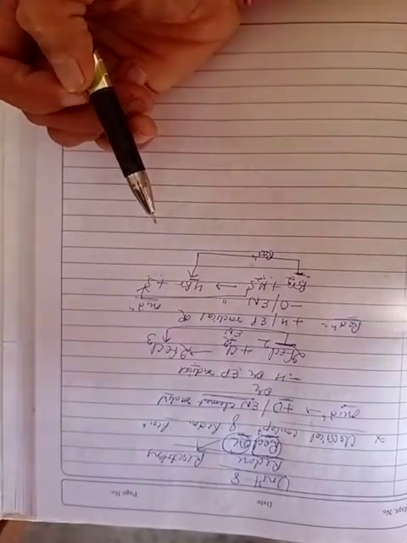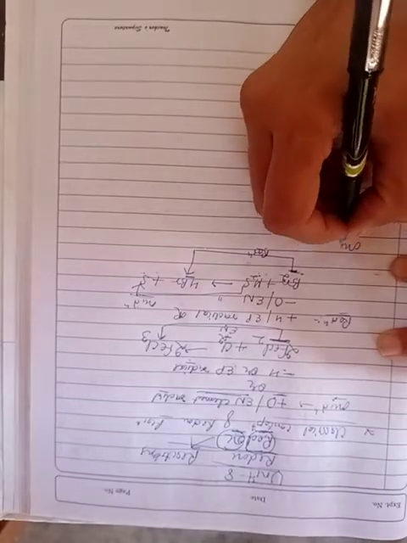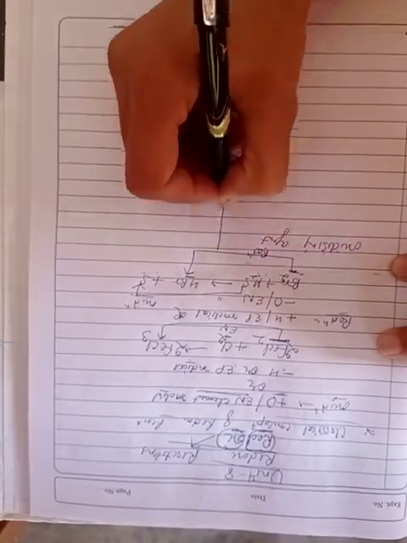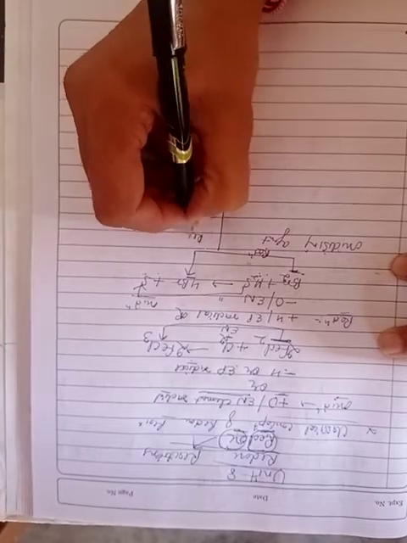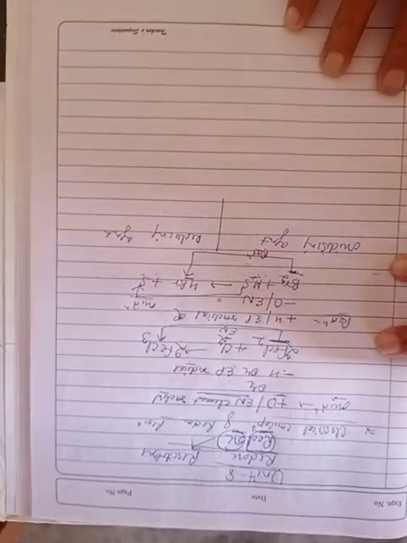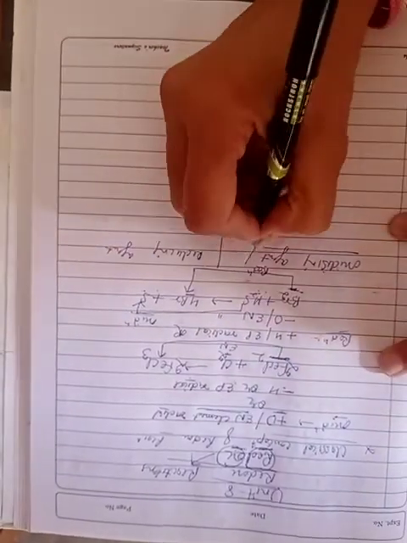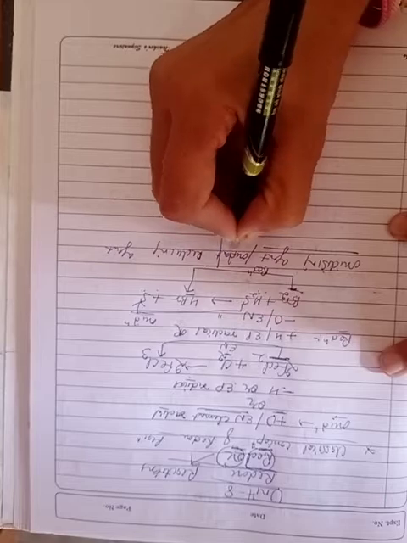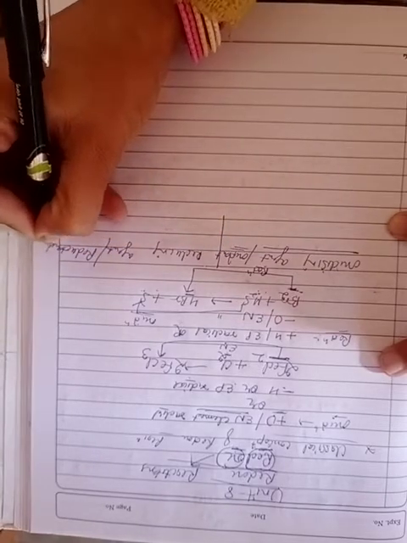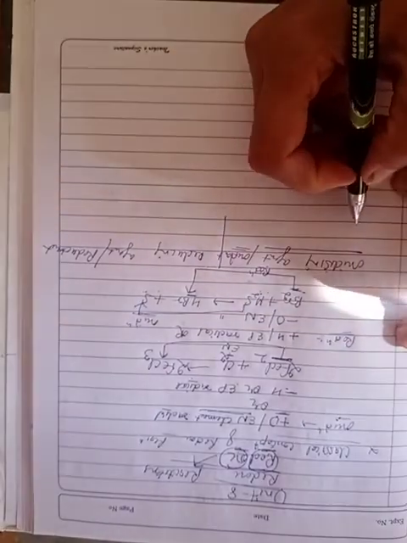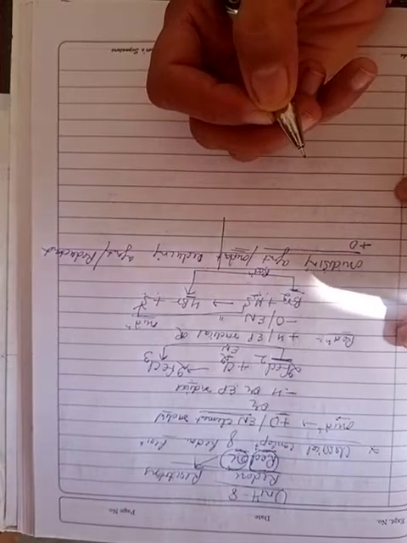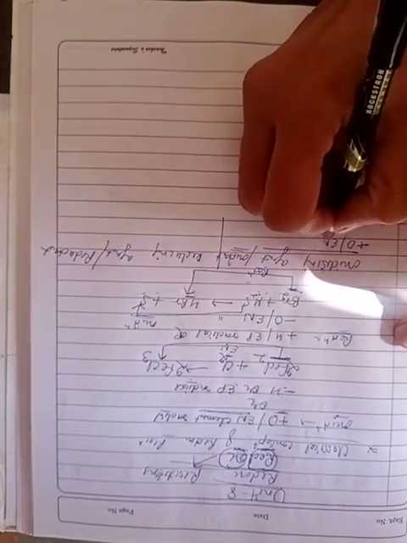Clear? Now the next term: what are oxidizing agent and reducing agent? How can we differentiate between these two terms? What do you mean by oxidizing and reducing agent? Oxidizing agents are also termed oxidants, and reducing agents are called reductants. Clear? Now, an oxidizing agent is a substance which supplies oxygen or any other electronegative element.